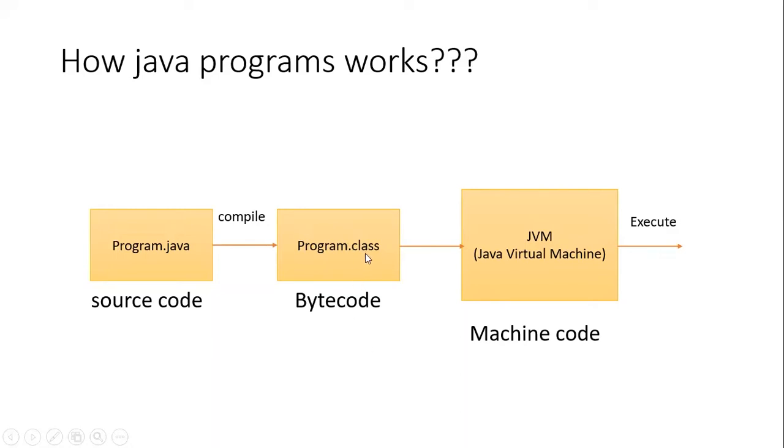Then the bytecode is converted to machine code by the Java Virtual Machine and executed, and the Java VM is included in the JDK. So without the JDK, we cannot compile, run, and execute our Java programs. These three blocks show how a Java program works.